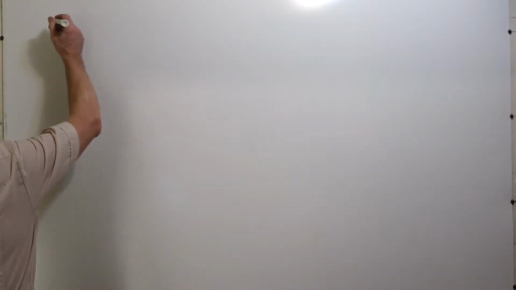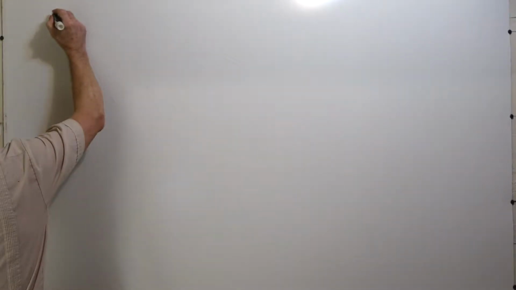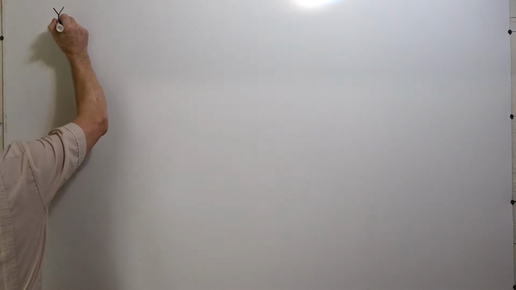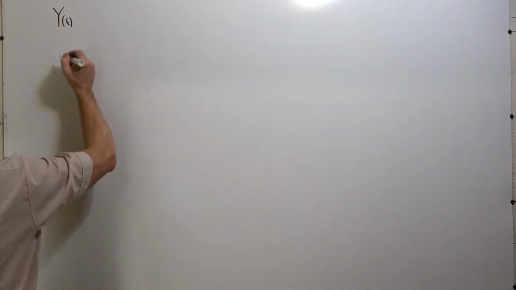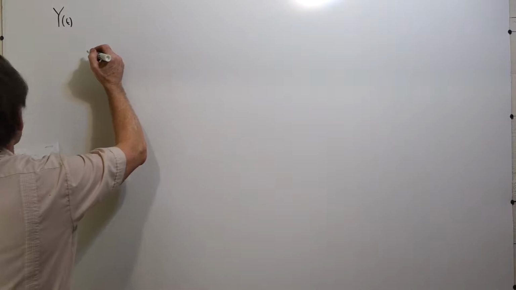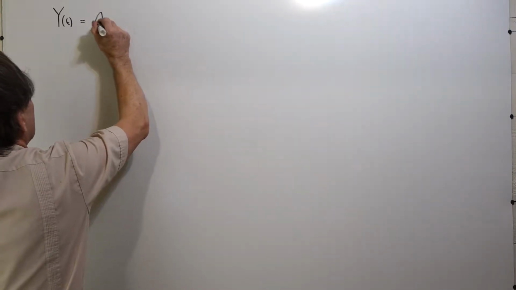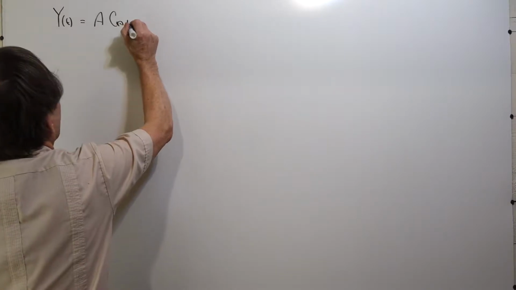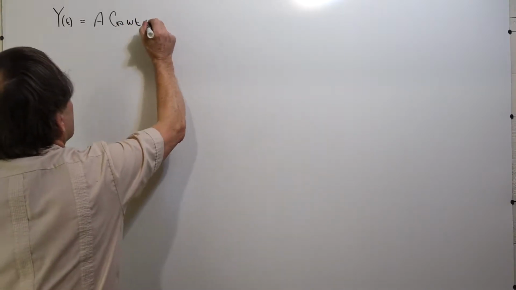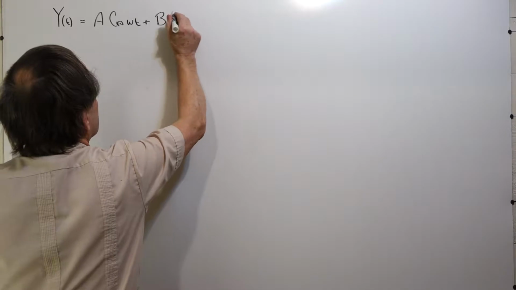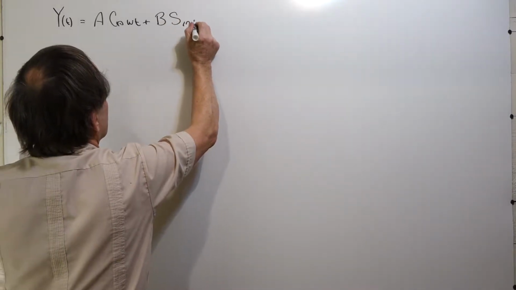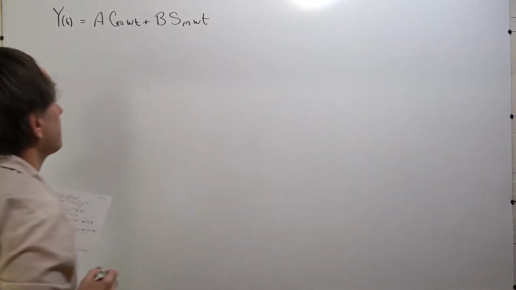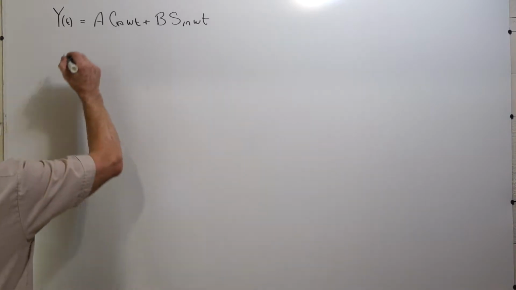We assume we have some y of t which is equal to a times the cosine of omega t plus b times the sine of omega t. Now we're going to write this in terms of complex exponentials.